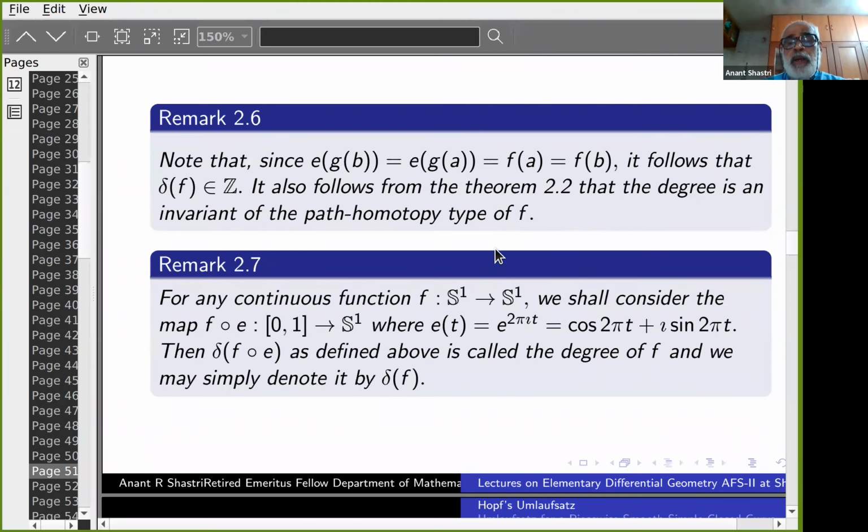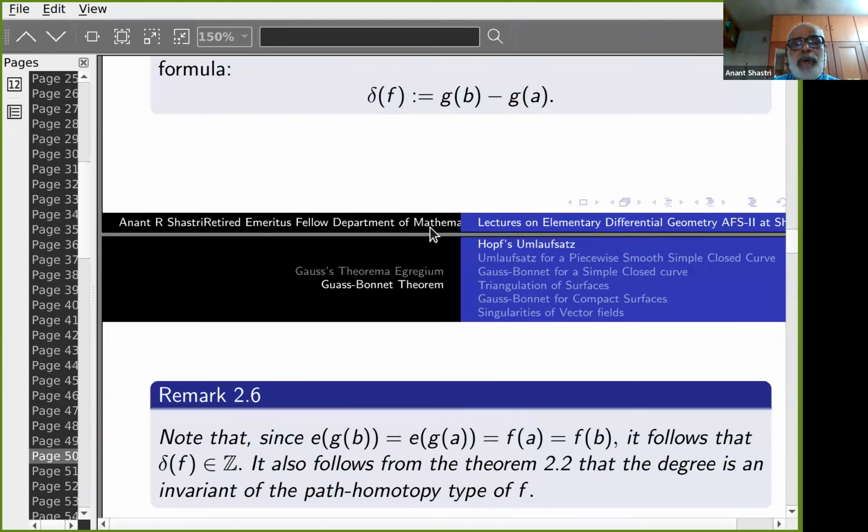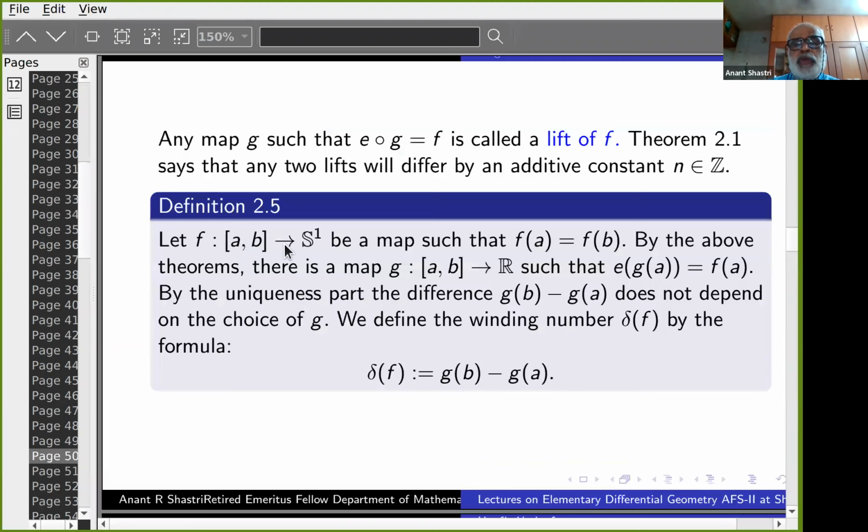All right. Now, suppose you have some function from S1 to S1 itself to begin with. Then what to do? You can convert this into a path in a standard way by taking [a,b] to be [0,1] and then going to S1 by e power t, and then following it by f.